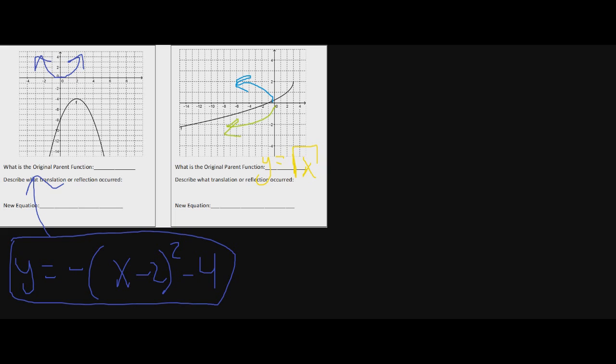So if this is our parent function right here, it looks like the parent function got reflected over the y-axis, then it got reflected over the x-axis. And then once it got reflected over both, it moved to the right by 3 and then up 1, 2. So it went to the right by 3 and then it went up by 2.